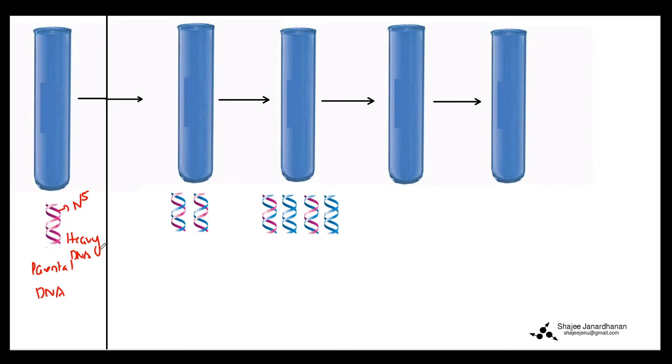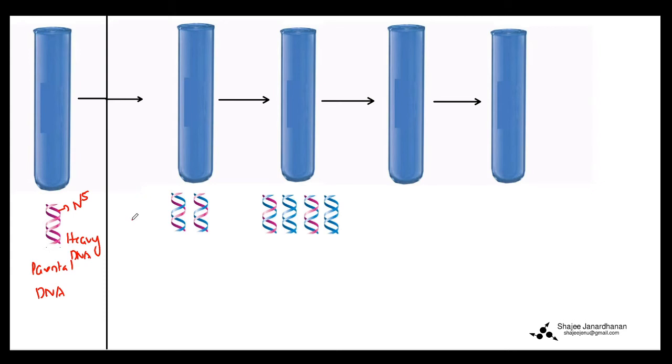So you start from the parental culture. In the parental culture you have only a single duplex, and in both strands all the bases will incorporate N15. So naturally the density of this DNA will be higher, so you are going to classify it as a heavy DNA.